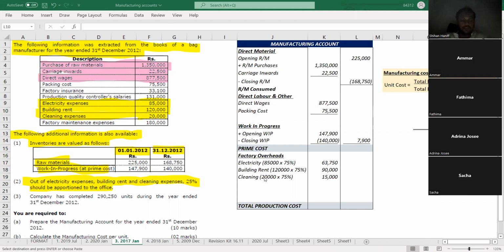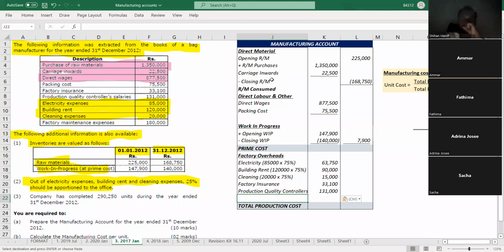Factory insurance is an overhead cost. Factory insurance. Quality controller is also overhead. Maintenance.